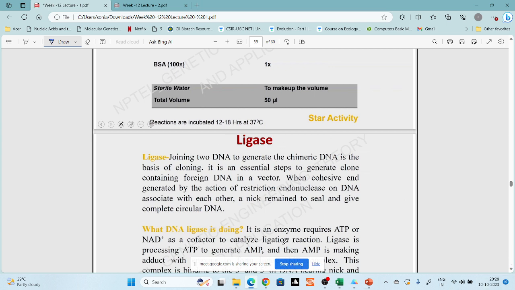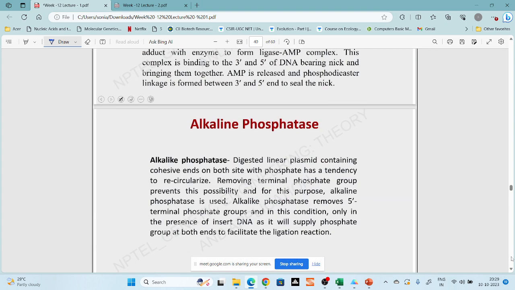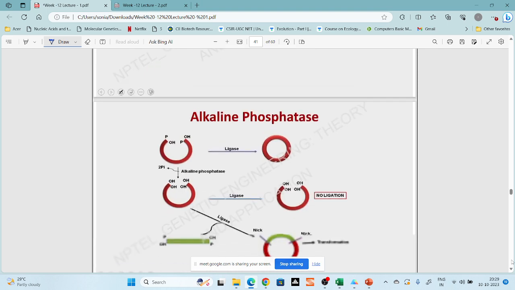Ligase uses either ATP or NAD plus to catalyze the ligation reaction. Then alkaline phosphatase, which we have all dealt with, is used for removing the 5 prime phosphate group, which helps in preventing the circularization or religation of the digested plasmid.